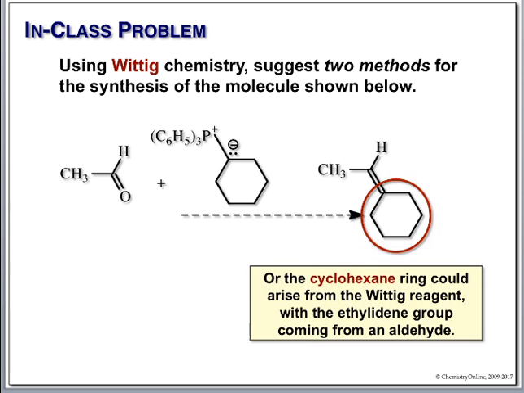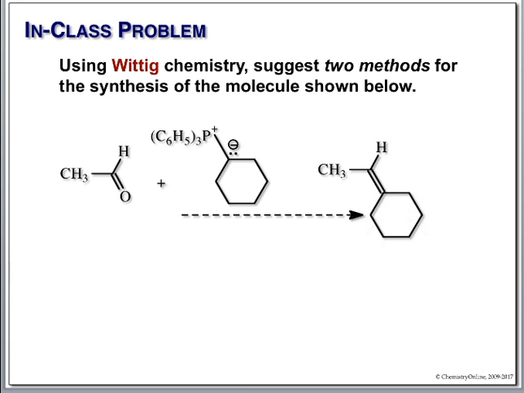The other way to do it, this guy used to be the carbonyl. That means that this was the ylide. So this is going to be cyclohexanone, and this is going to be methyl CH hydrogen as the phosphonium ylide.